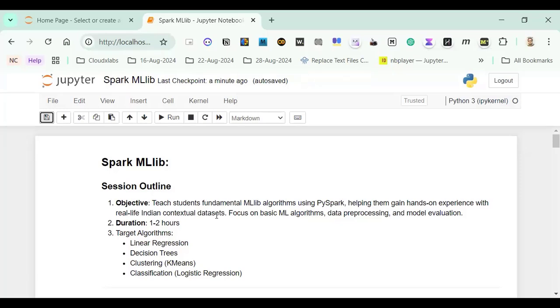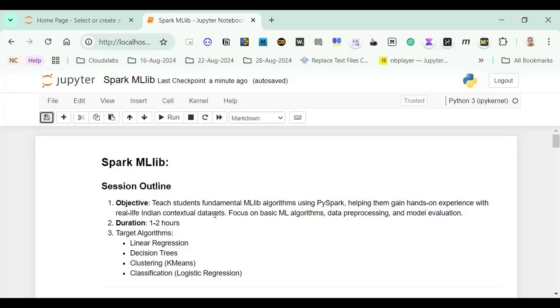Okay, today's session. We started with the very basics, like what is ML, what is machine learning, and how machine learning is differentiated from data science and data analytics. Then we started with the PySpark MLlib module, and we loaded the data, and we have taken two sample data sets.